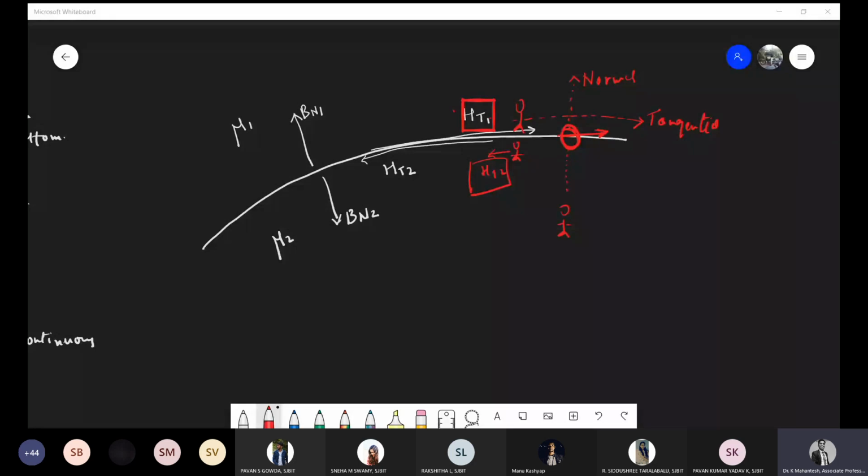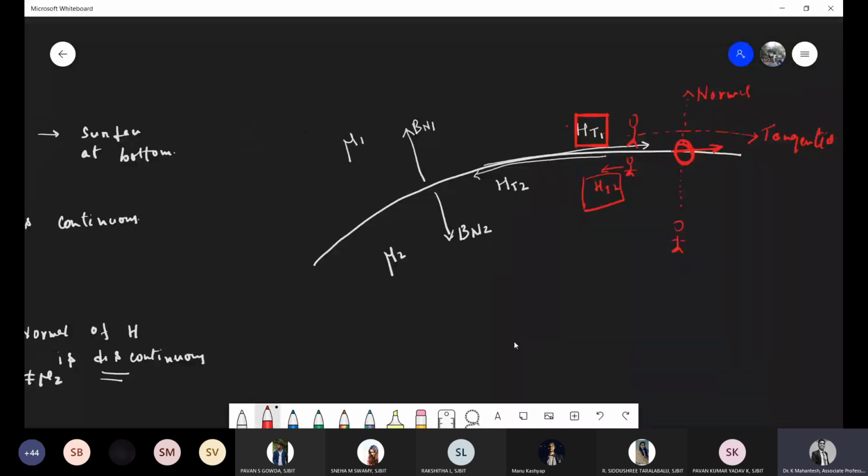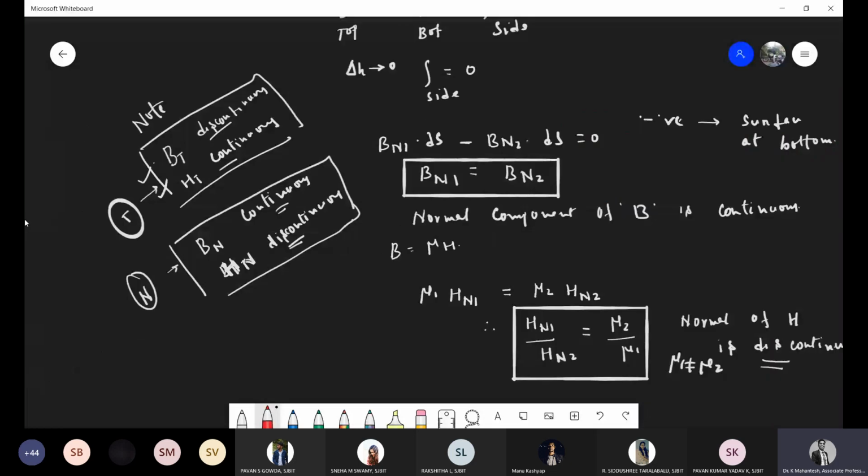Okay. So remember these points. You could take a screenshot otherwise. HT is continuous, BT is discontinuous. HN is discontinuous, BN is continuous.